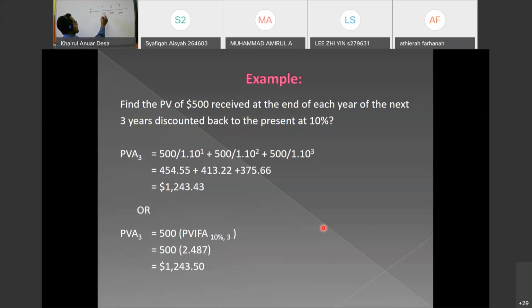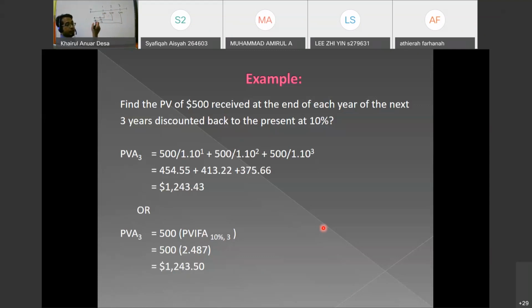Okay. We bring back to the present because this is the present value annuity. Present value annuity deal. Okay. So here, di sini kita akan dapat, this is year 1, this is 2, this is 3 years. Boleh dapat?